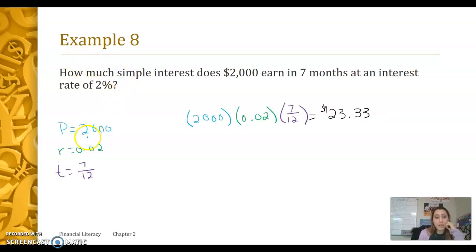So hopefully you caught that we had a $2,000 principal with a rate of 0.02, and our time was 7/12. If you type this in your TI-84, or if you're using Desmos, desmos.com, you could type it exactly the way you see it.